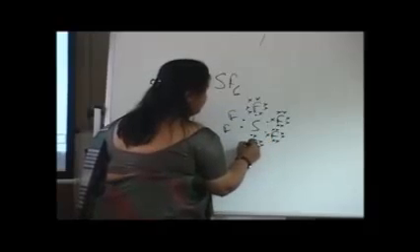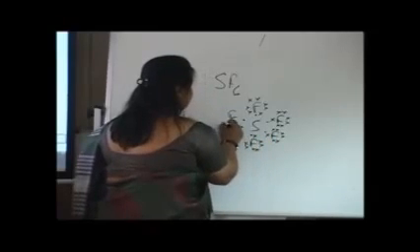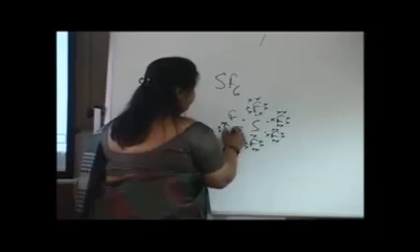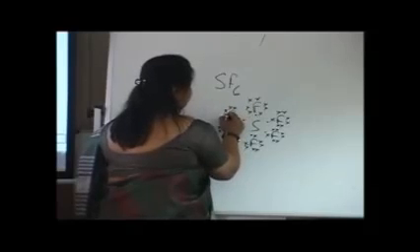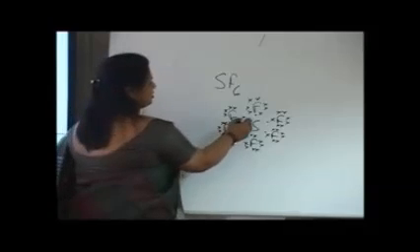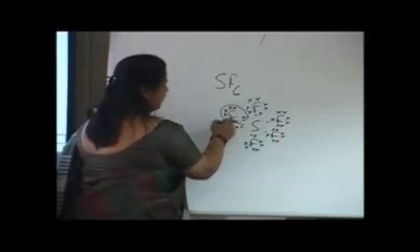Each fluorine atom is having 7 valence electrons. It is only 1 short of the octet, and that electron it is sharing from the sulfur atom.